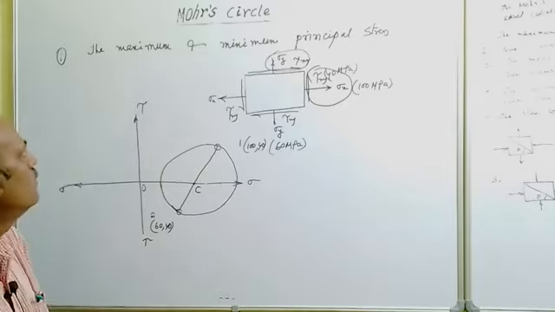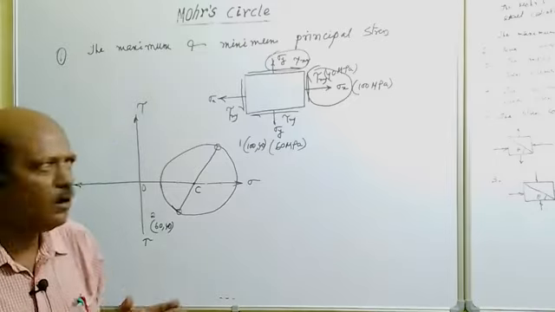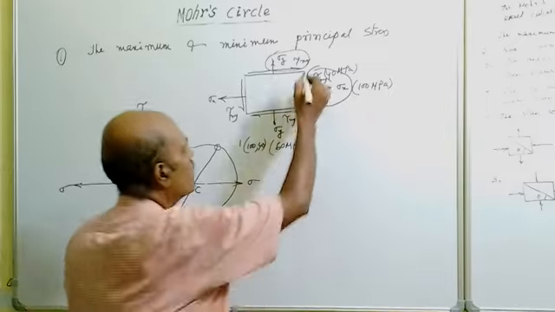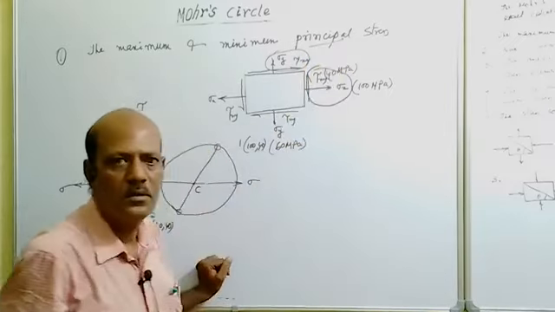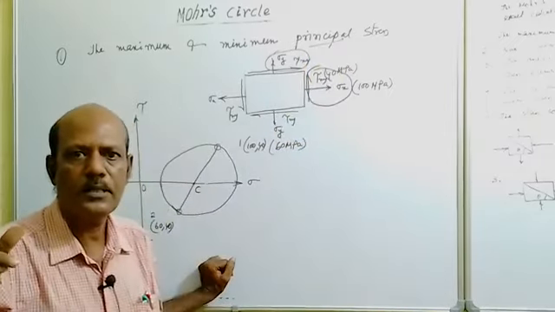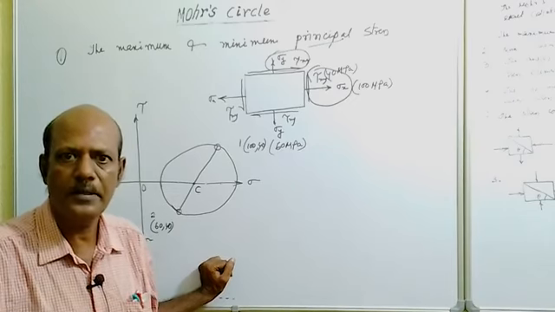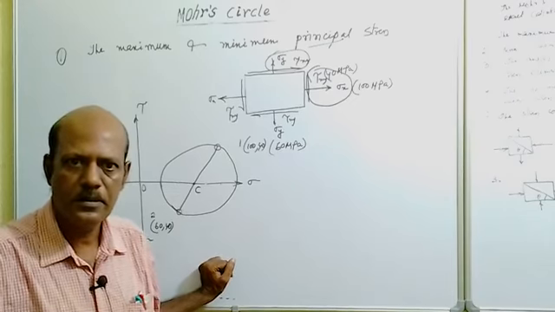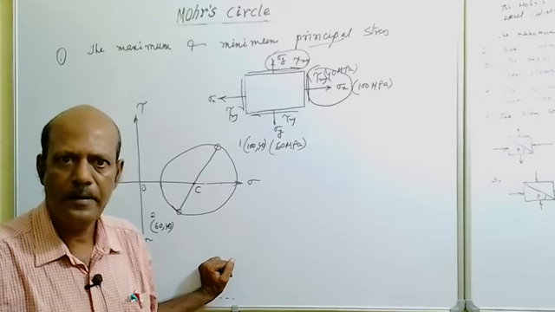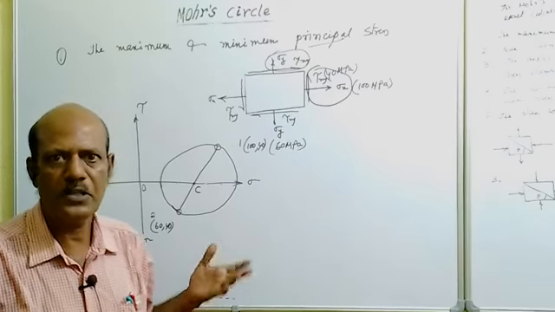Now, as per the definition of principal stress: the normal stress which acts on the principal plane is called principal stress. What is the principal plane? The plane on which shear stress is 0.